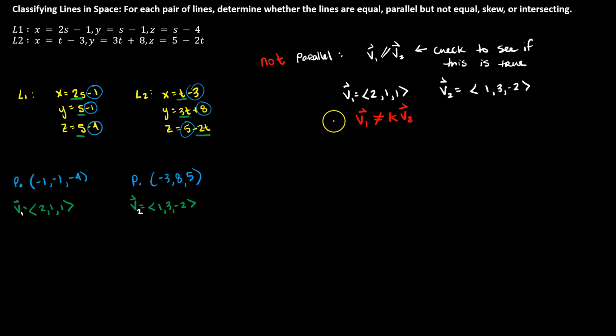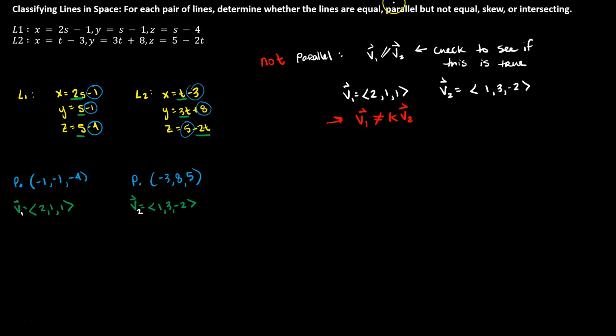When you're asked to justify why two lines are not parallel, this is a great way to do it. You could calculate the angle between the two vectors and find out if you get 0 or 180, but this is much faster. Check to see if the two vectors are in fact scalar multiples, and if they're not, then they can't be parallel.